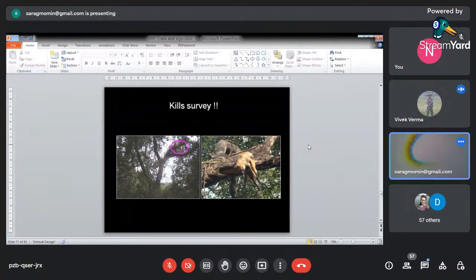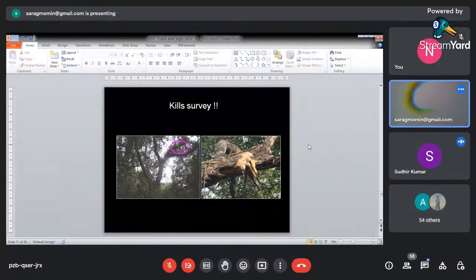No. Then how did it reach the top of the branches, above 20 meters? It's a dog's dead body inside the jungle. Yes, it confirms that a leopard killed the dog and took it to the top of the branches.